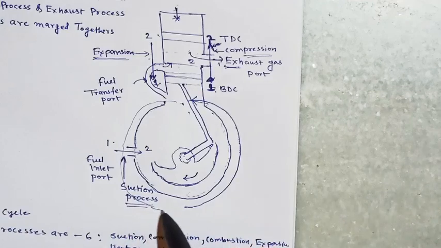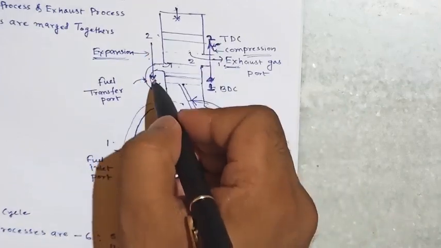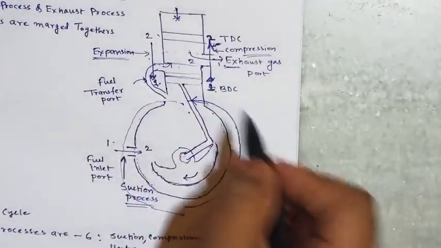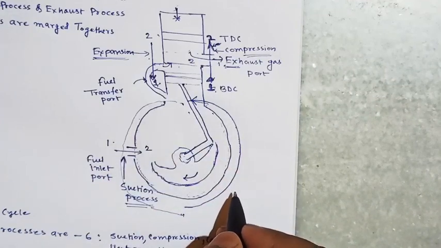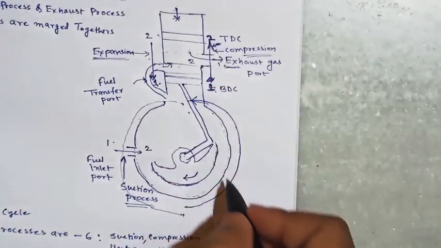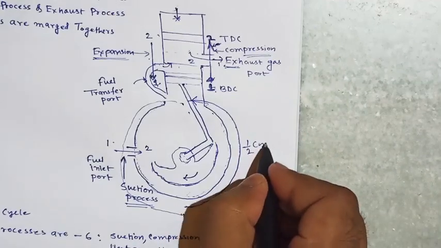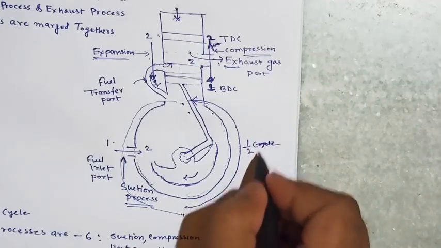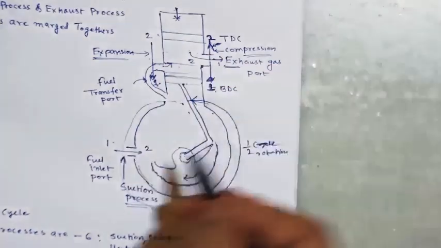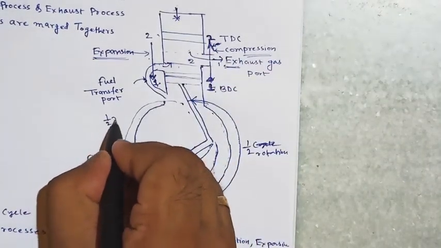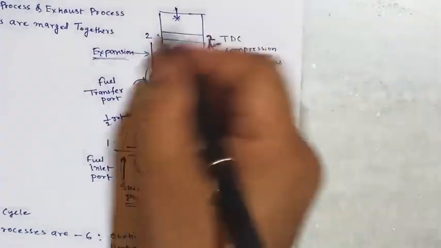to reach this point. So we can see that this 1 to 2 and 2 to 1 makes a cycle. To complete this cycle, the crank will rotate one time, because for 1 to 2 it is a half rotation, and after that when it moves from 2 to 1, it will produce another half rotation, that is a total of 1 rotation to reach the same point.